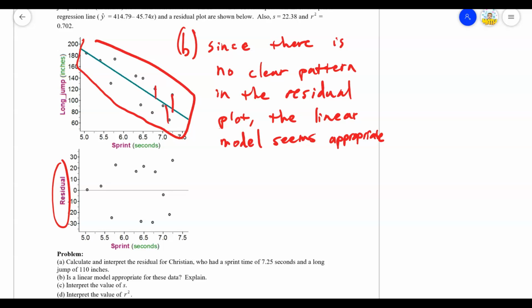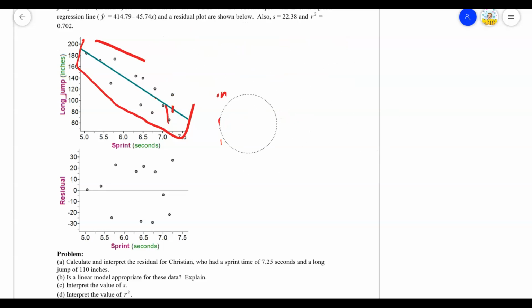So when we make the residual plot, it's not exactly the same, but in general, we should be able to get a good sense of what the residual plot would look like by looking at the original. So since there's no clear pattern in that residual plot, we would be inclined to say that the linear model is appropriate. Remember, R only tells us if the correlation is strong and whether it's positive or negative. It doesn't tell us if it's linear. This residual plot gives us the wisdom to know whether or not the relationship is linear.